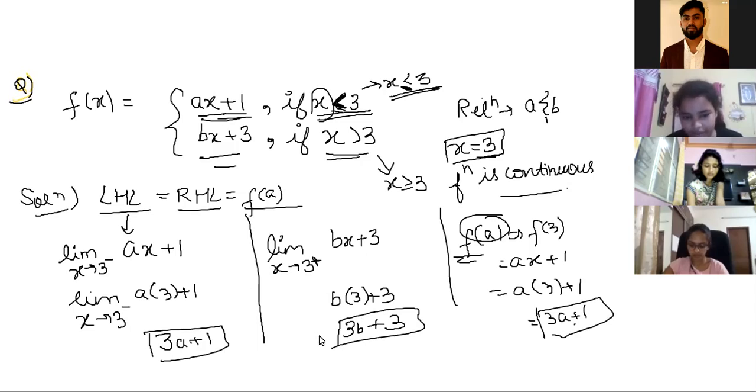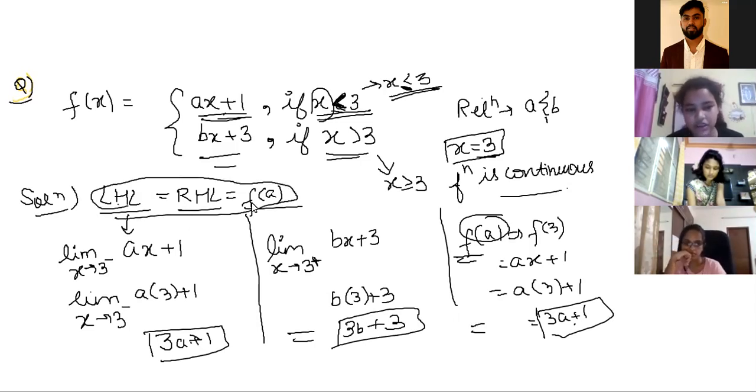So if we equate them all, because we know that the function is continuous at this point, obviously LHL is equals to RHL is equals to f(a). So we'll equate them all. Now what is the use of writing 3a plus 1 again and again? So we'll write it only once, because we know that 3a plus 1 is equal to 3a plus 1.